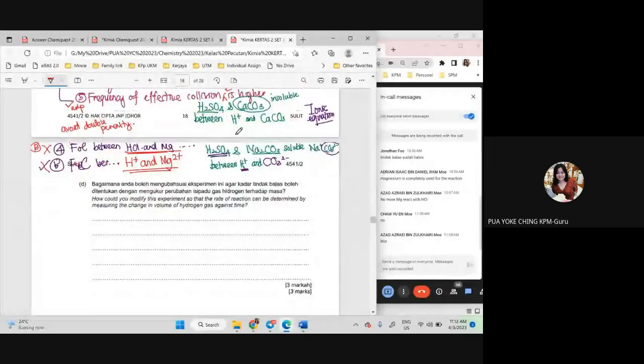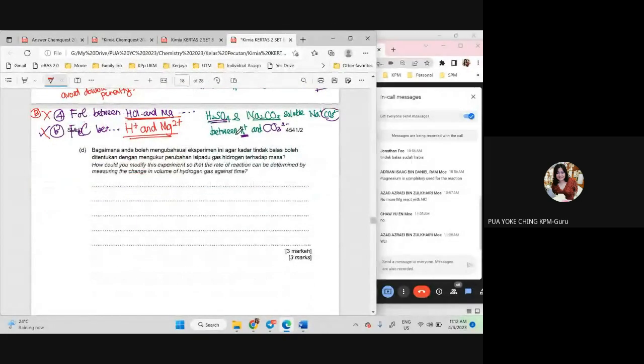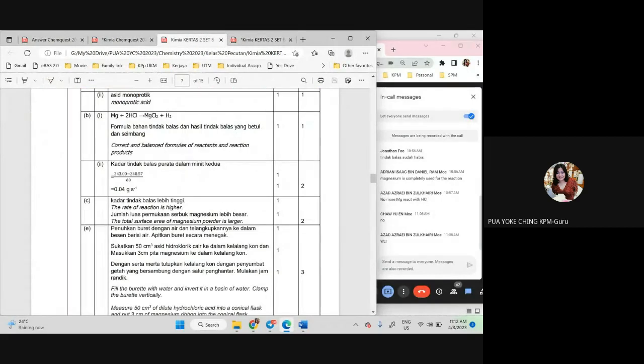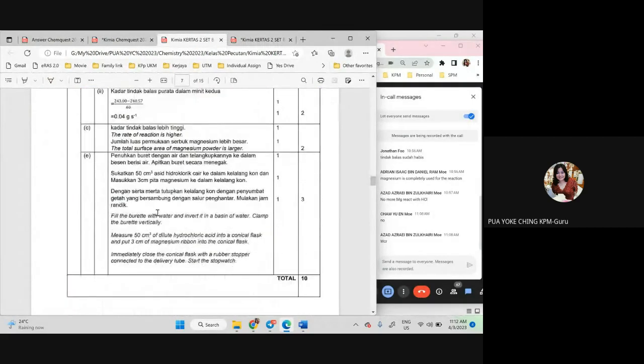Okay. So D is how you mengubah suai eksperimen ini boleh ditentukan dengan mengukur perubahan isi padu gas hidrogen terhadap massa. So just now they are using the mass. So now you want to have a volume of the hydrogen gas. So this one you need to use the burette lah. Pakai burette. So I show you the example.